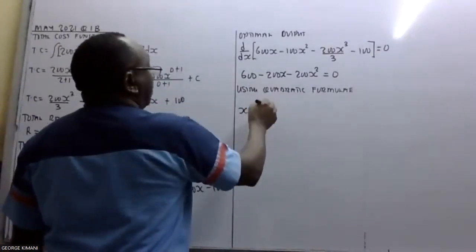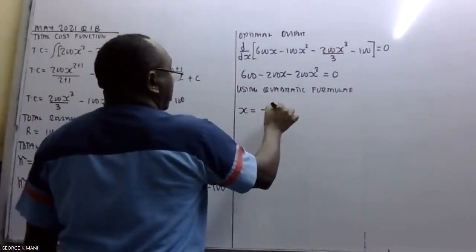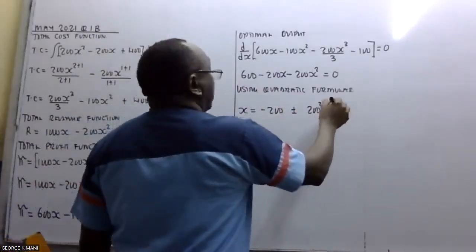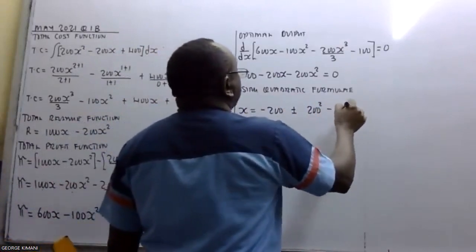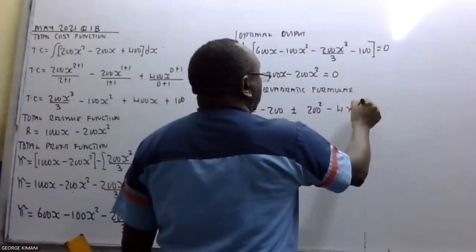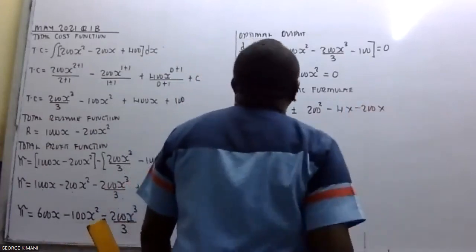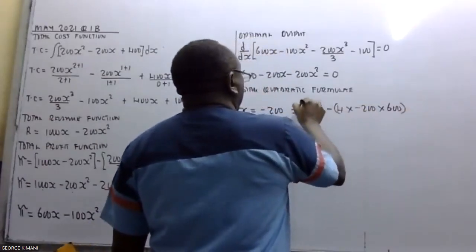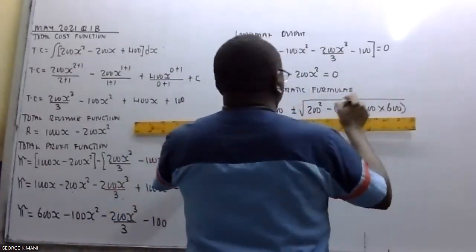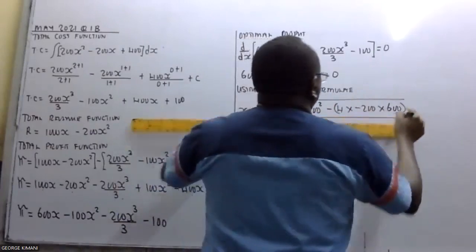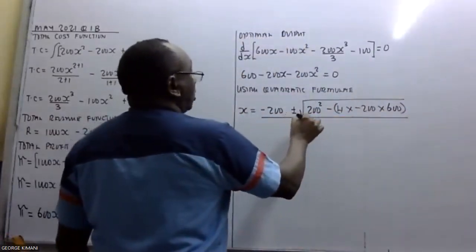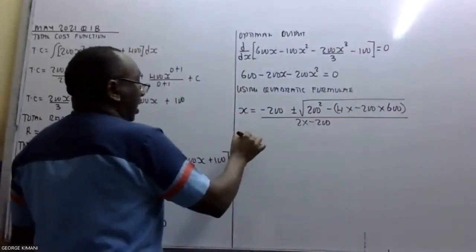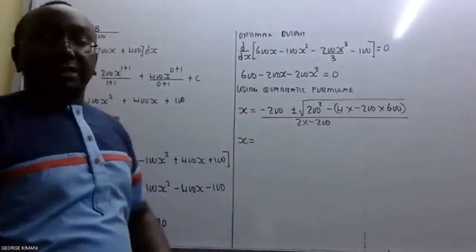You have to send a minus, that becomes positive 200 plus or minus the square root of 200 squared minus 4 times a, which is minus 200, times c, which is 600. Then you divide by 2 times a, which is minus 200. Once again, solve and give me that answer.